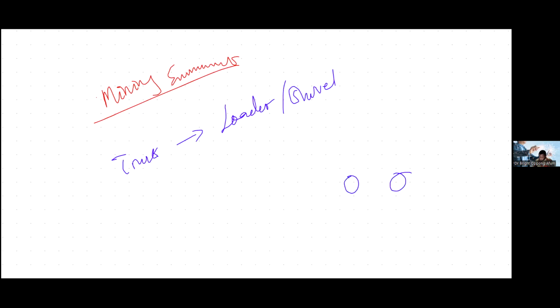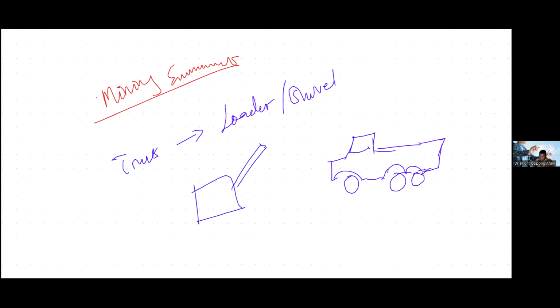So the shovel is sitting somewhere there.